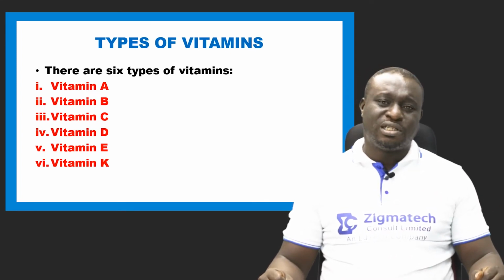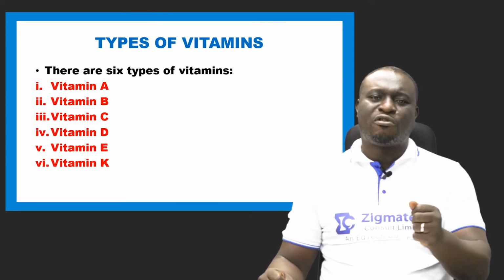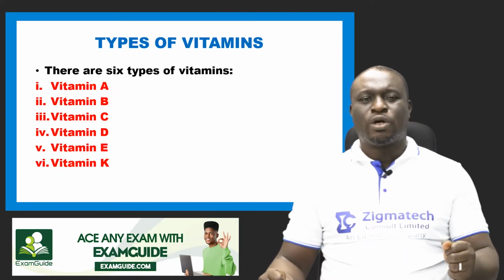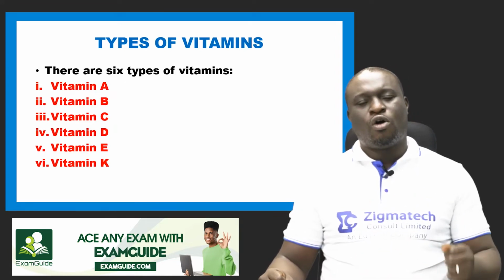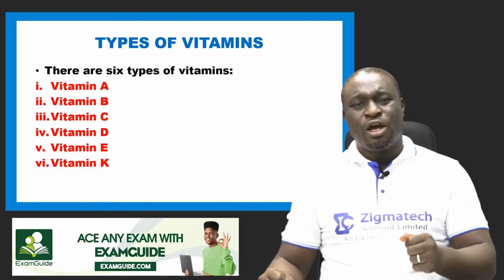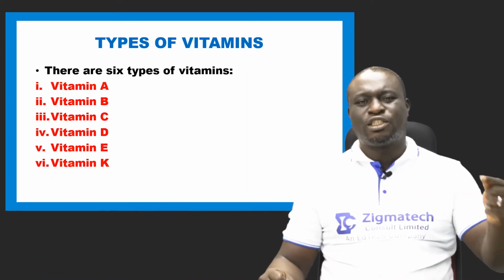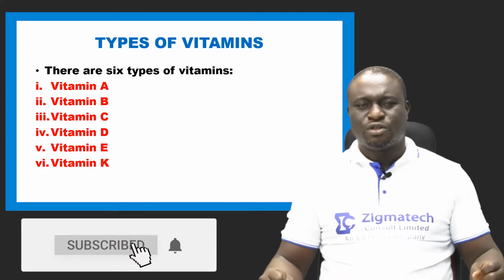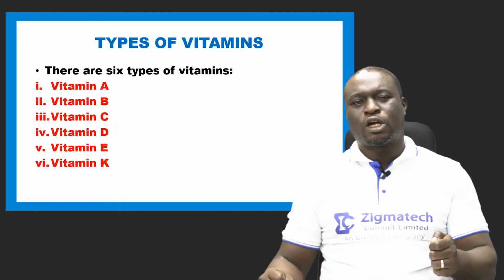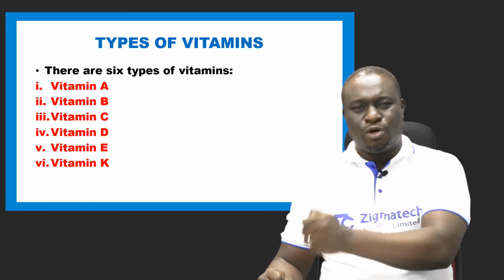Deficiency of vitamin C causes scurvy. Deficiency of vitamin D causes rickets or osteomalacia. Deficiency of vitamin E causes sterility, inability to give birth to children. And deficiency of vitamin K causes what we call hemophilia or hemorrhage.